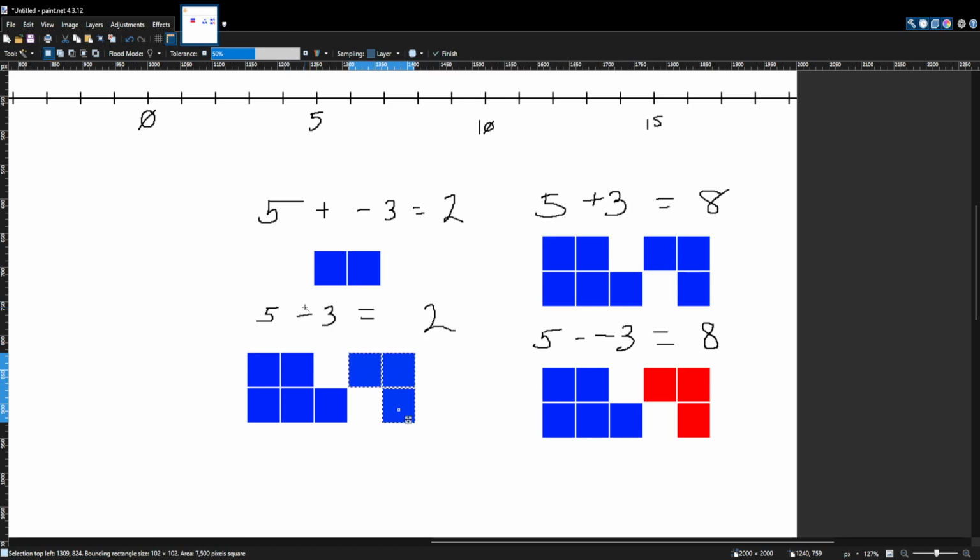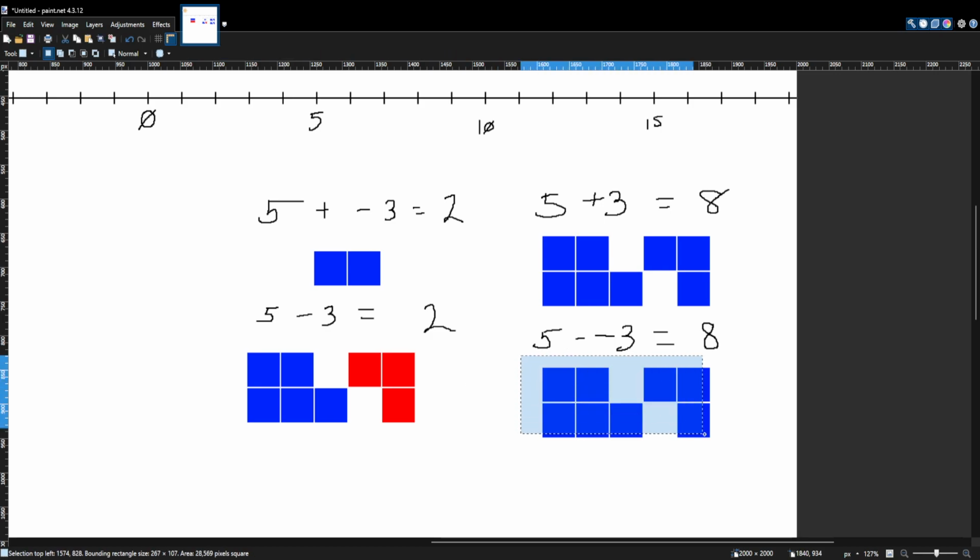So when I'm taking this negative 3, I flip the values over, and they turn into red values. When I'm subtracting a negative 3, I do the same thing: I flip them over and they become positive tiles. And so 5 minus 3 is equal to 2 when we've canceled out the pairs that match up.